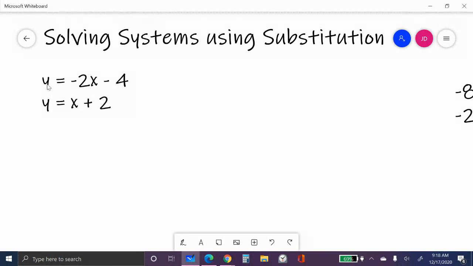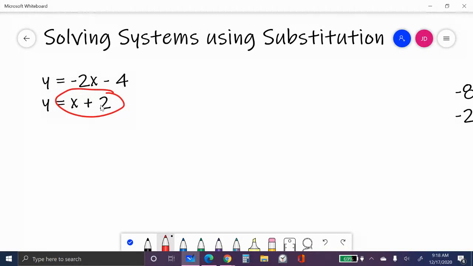So what we do is, once we've determined which one is isolated, since they are both isolated, what we'll do is we take one of the isolated ones, which I'm going to take this bottom one right here, and substitute it into the top equation and combine those two equations into one. So that's the whole goal of doing these systems, is to take two equations and make them into one equation that you can solve with just one variable.